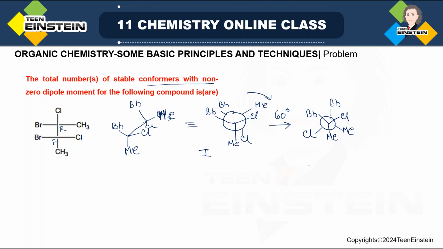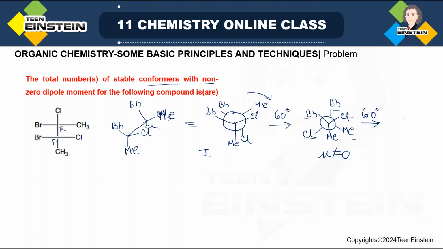And here also the dipole moment will not be 0. See, bromine are on the same side, methyl groups are on the same side. So there is no cancellation possible. These two position atoms, if you consider, they are opposite to each other, it is okay. But overall, 0 dipole moment is not possible.